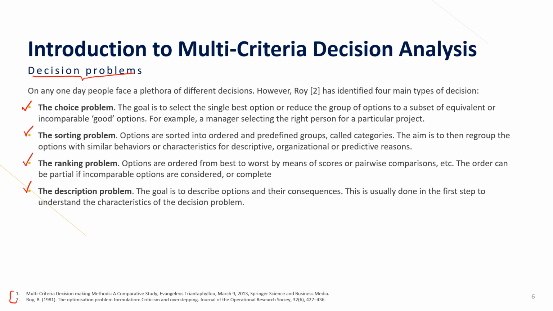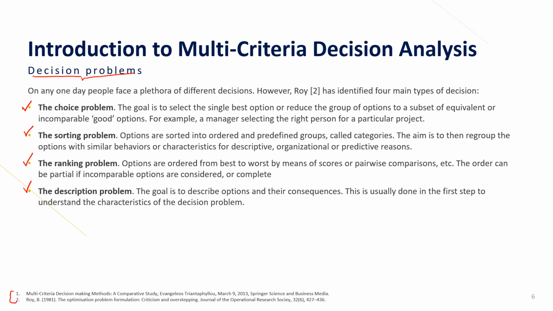If you can classify the problem you are facing into one of these types, you will most likely be able to use multi-criteria decision-making methods to help you make the decision.